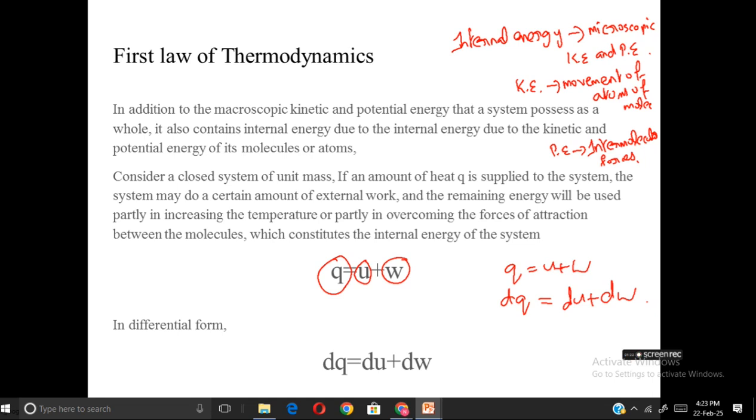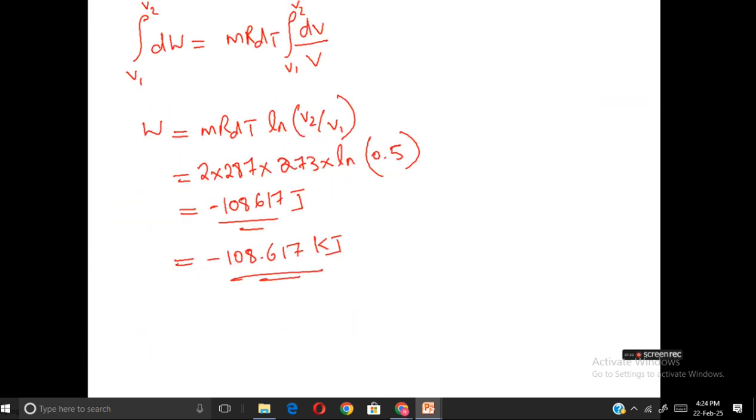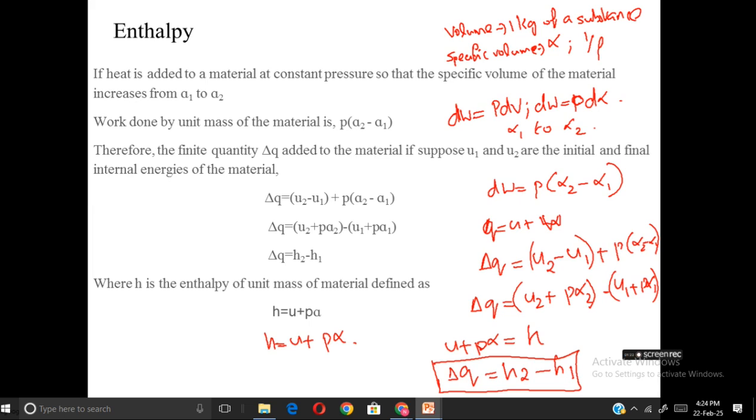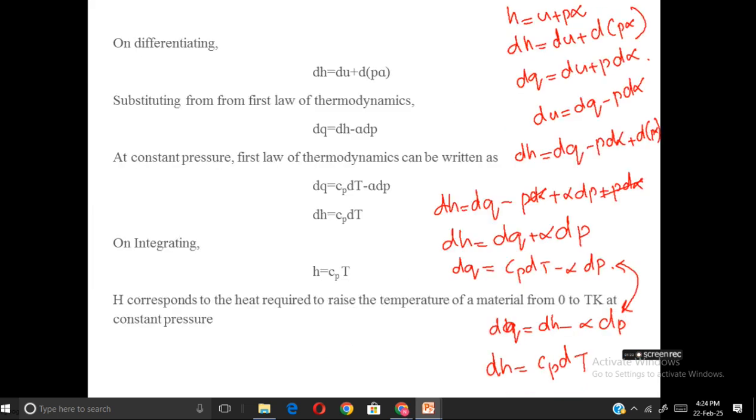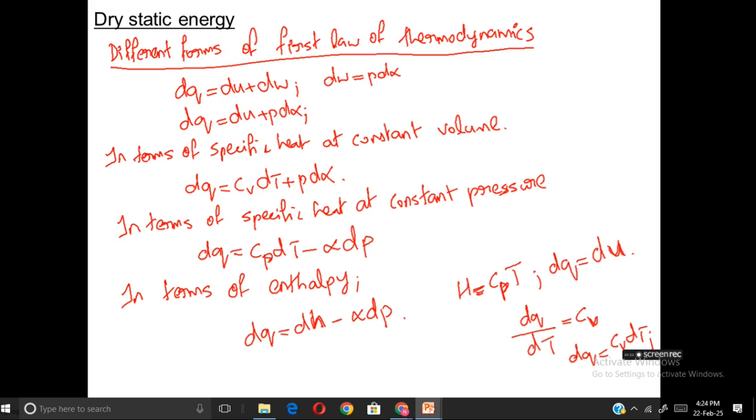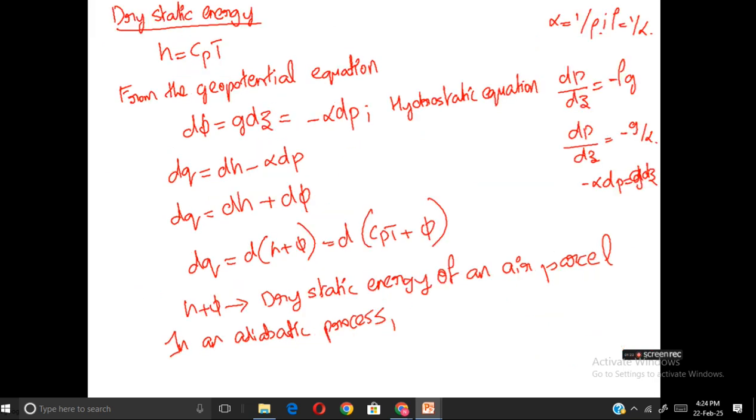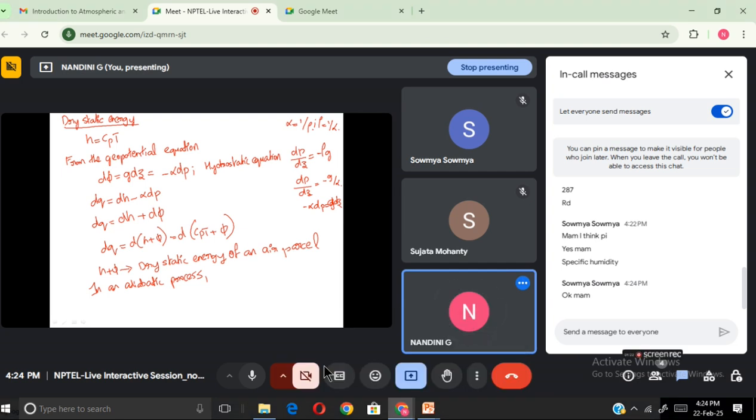So when I say we are not supplying any heat to the system and no heat is leaving it, Q is zero. It is not specific humidity.